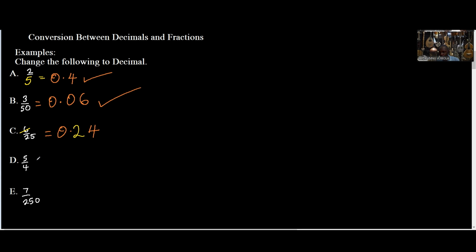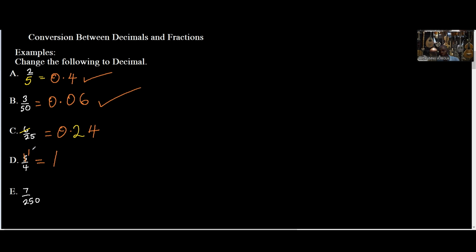Then let us do the next one. Can 4 divide 5? Yeah, 4 can go in 5, but not perfectly. So how many 4s are in 5? Only 1, right? If you remove that 4, remaining 1, yes or no? Remainder 1, right? So put a 0 beside the 1, making 10.